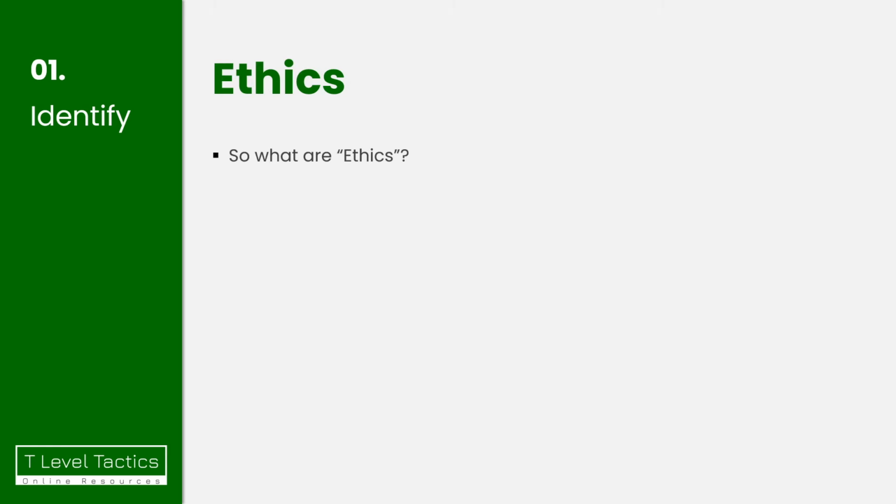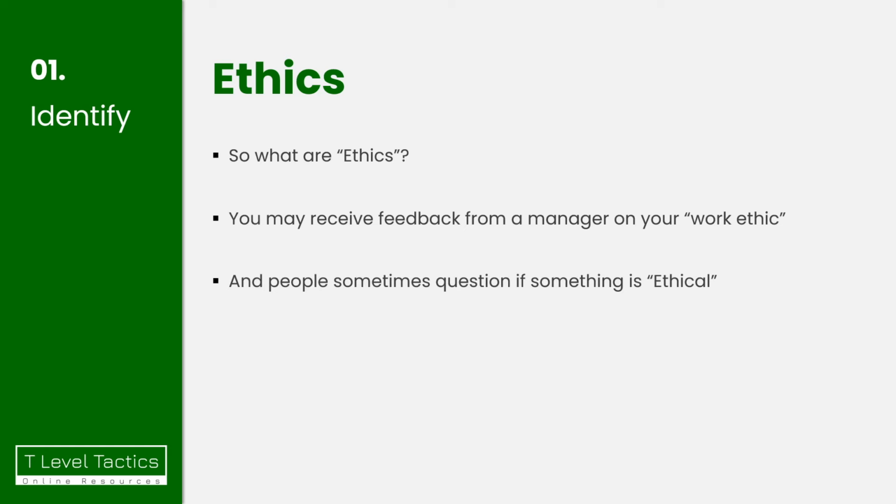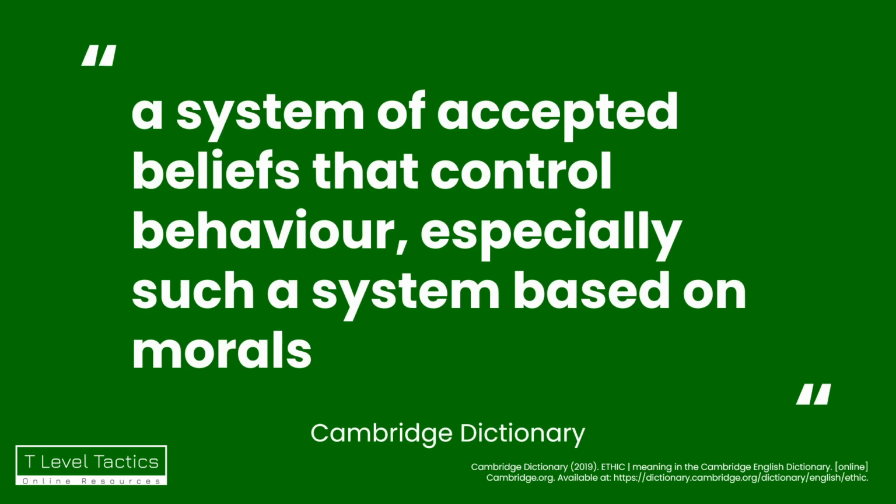So what are ethics? You may receive feedback from a manager on your work ethic, and people sometimes question if something is ethical. But how is that different to if something is moral? Again, if we look in the Cambridge Dictionary, ethics are a system of accepted beliefs that control behaviour, especially such a system based upon morals.